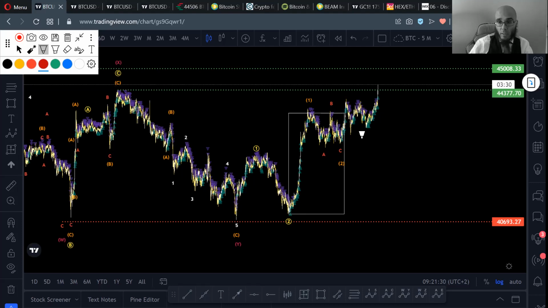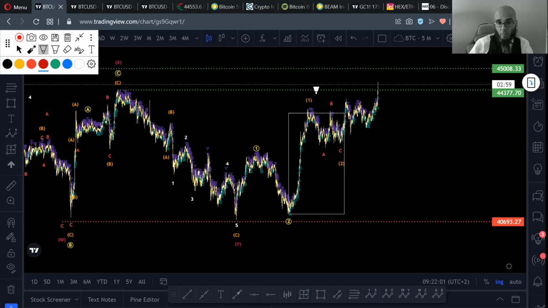I'm going to take a look at the 3-hour chart in a minute. But now we started, and I'm not sure if I labeled the wave 2 correction right, but I would give it an A here, a B, and a C for wave 2. And then we have a 1, 2, and we are making 3 out of 3 right now.